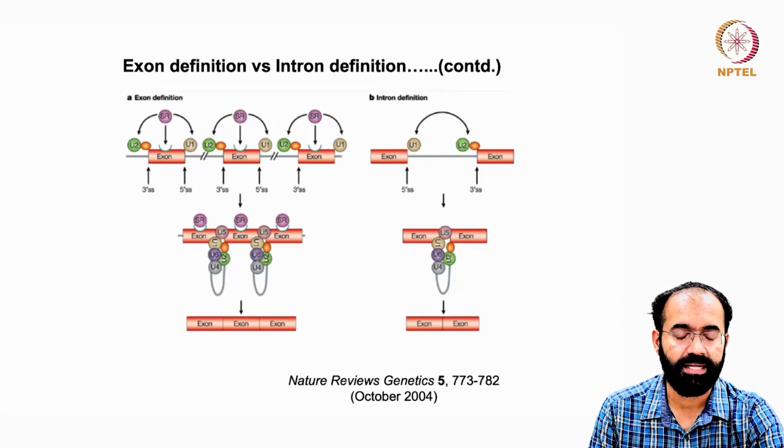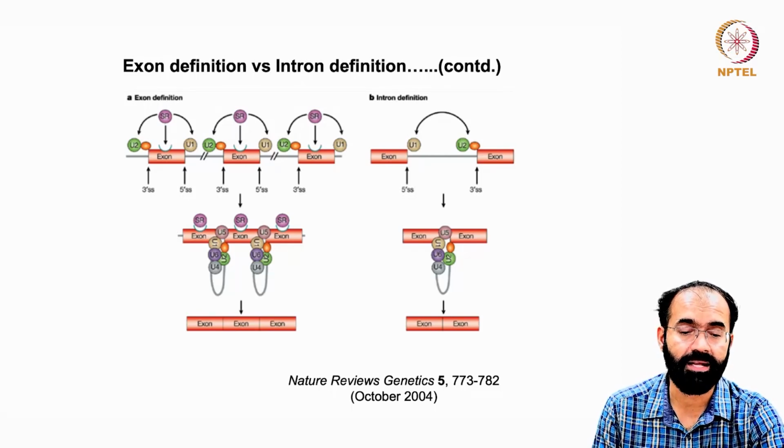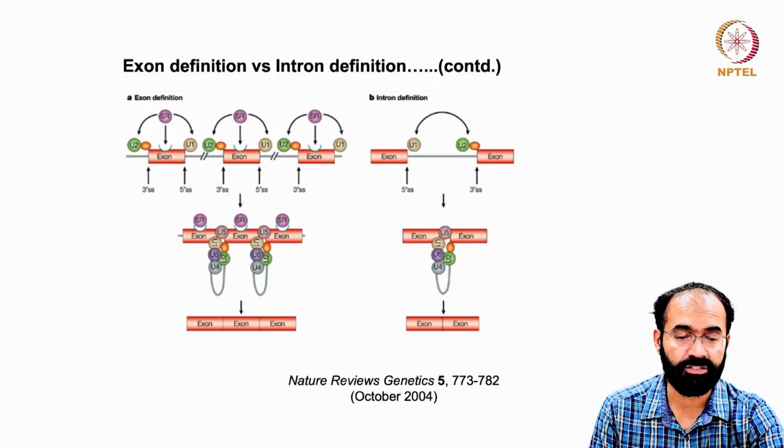So you can see individual exons can have specific proteins bound onto them which can interact with its 5' U2 and the 3' U1. The 5' of the exon has the 3' splice site, whereas the 3' of the exon has the 5' splice site.